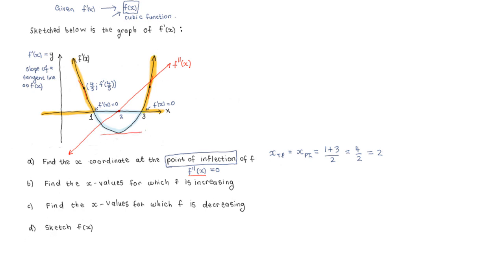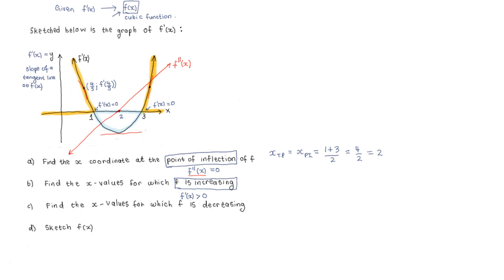So for b, they ask us to find the x values for which f is increasing. We've already done that by looking at the derivative number line. We know that f is increasing whenever f prime of x is positive, or the way we write it in math, greater than 0.